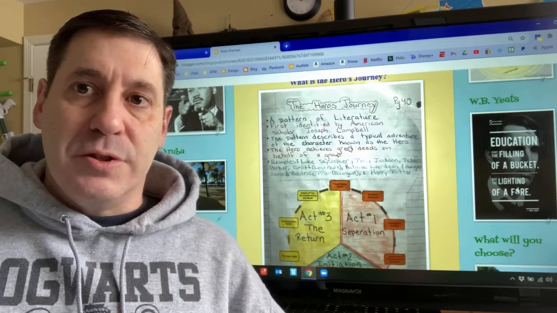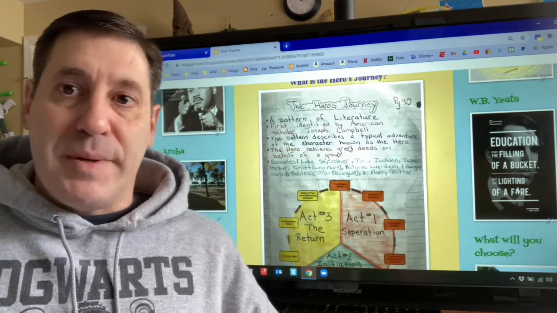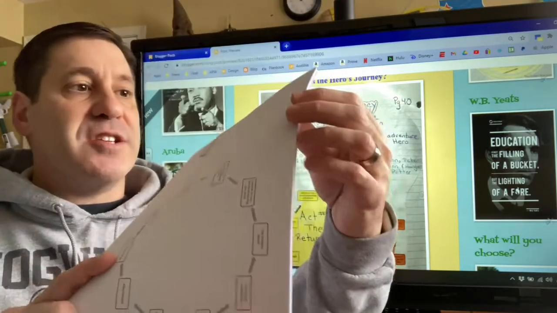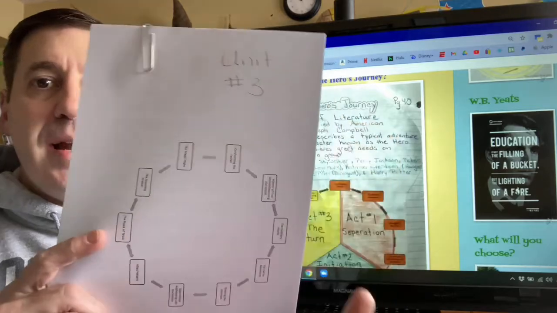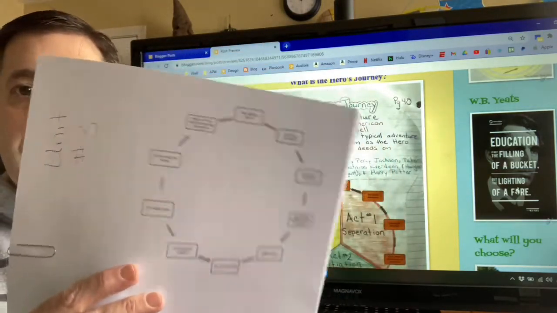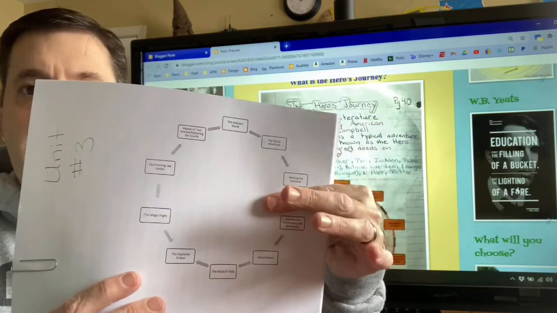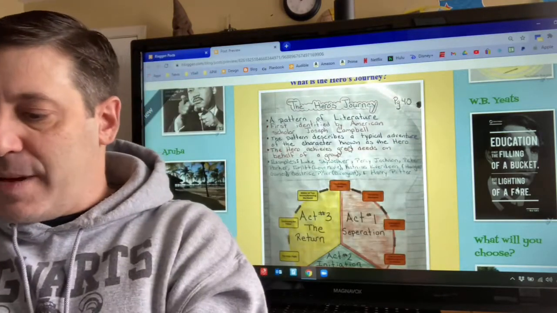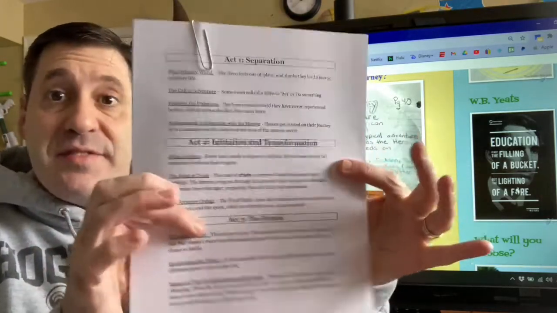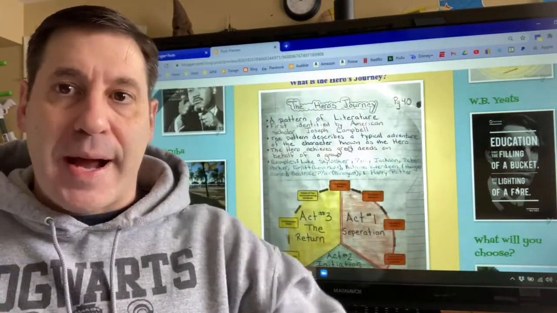If you are a student who comes to school on either A day or B day, I passed these out. So you're going to need this first page. This first page, it says Unit 3 on it, and it has a diagram, just like this. Okay, you are going to need this page. Okay, so take this page out of your packet. Take the rest of your packet, and you can put your packet away.